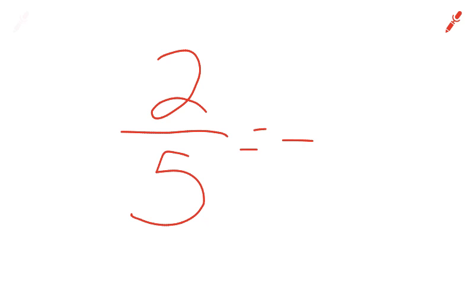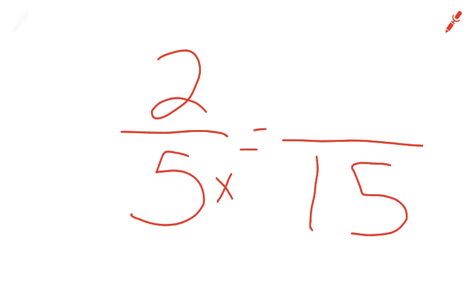3B, we have 2 over 5 and something over 15. We ask ourselves again, 5 times what will equal 15? 5 times 3.